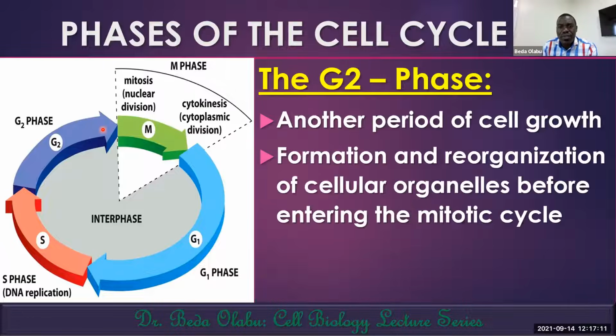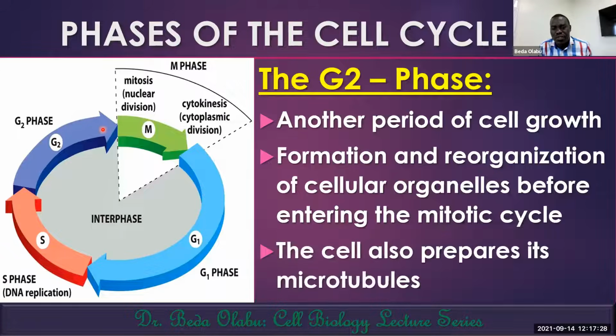And importantly also, it is a period when organelles will be formed and perhaps be reorganized because we are preparing for cell division. One of those organelles which will be reorganized will include the centrioles, really. Remember, they are formed from microtubules, which are important in cell division.